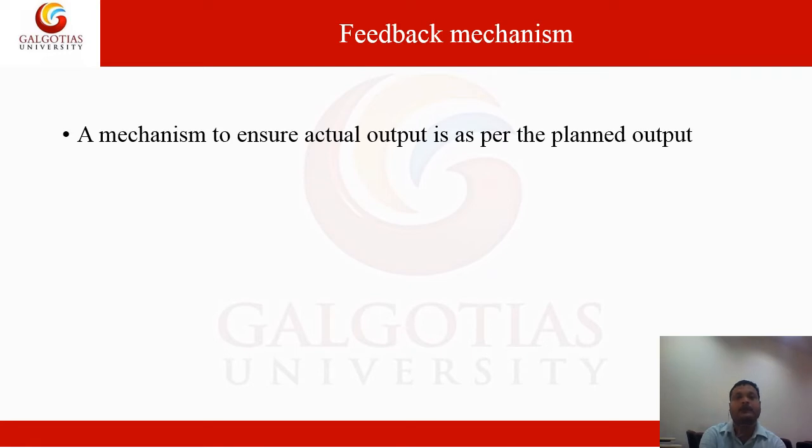Now let us take the third component, that is the feedback mechanism. In every production system, the feedback mechanism is essential. And I will tell you an example through which you will get a better idea of how the feedback mechanism works.